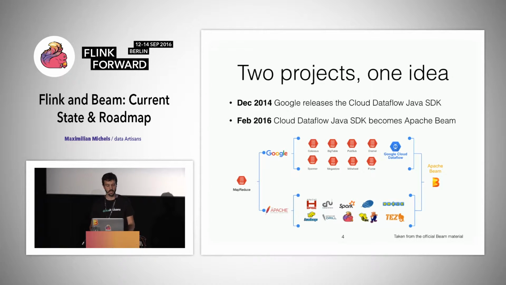But on the other hand, we have all these open source projects which were inspired by the papers, but also have, of course, their own way of doing things. And the idea is to have a common unified API to program in and to access all these systems, whether it's on the Google Cloud or in the open source. And that is Apache Beam.